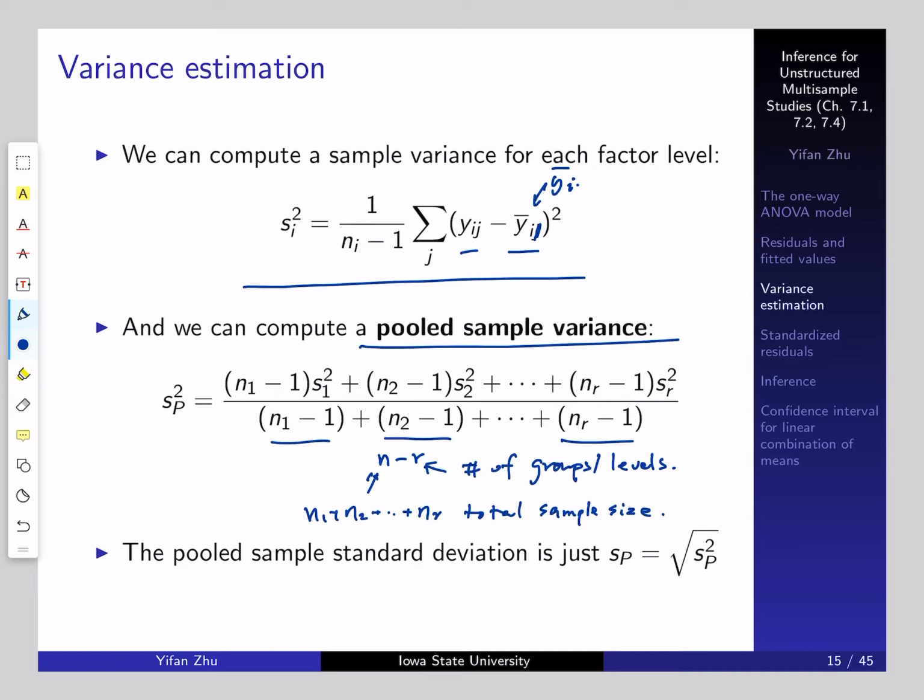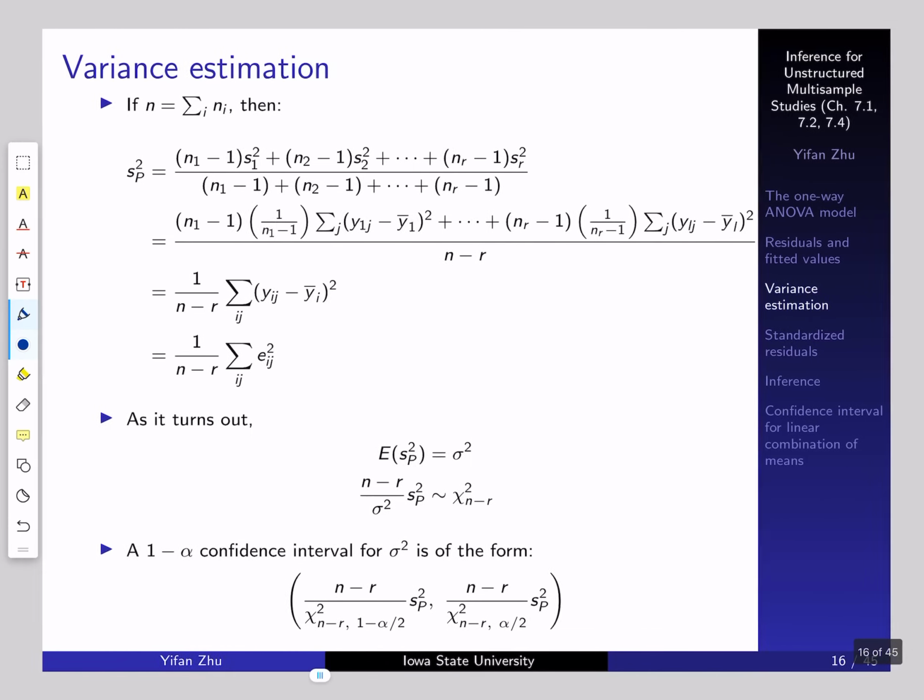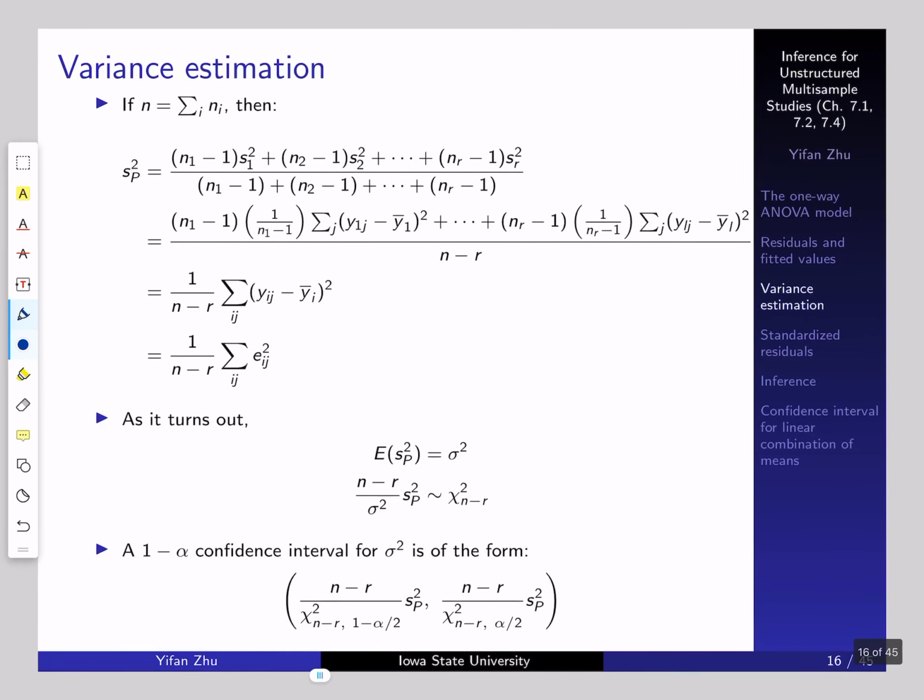The pooled sample standard deviation is just the square root of the pooled sample variance. And here is another formula. So this Yij minus Yi bar is just the residual eij, right?